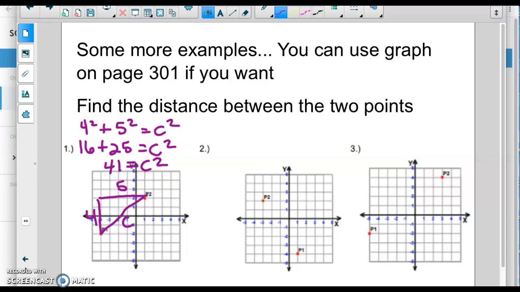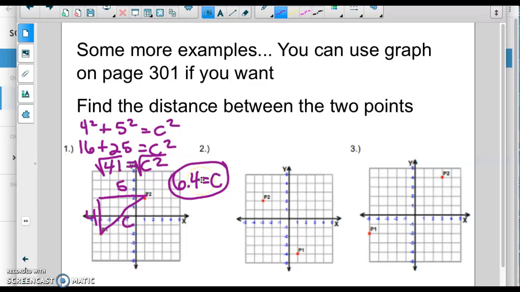We type that into our calculator as the square root of 41, and you are going to get 6.4 equals C. So I rounded to the nearest tenth. You actually got 6.40312423744 and so on, but we're going to round it to the nearest tenth.